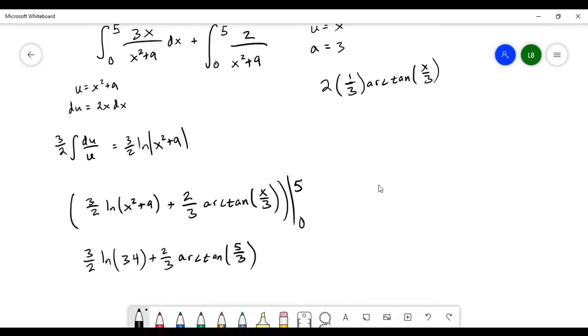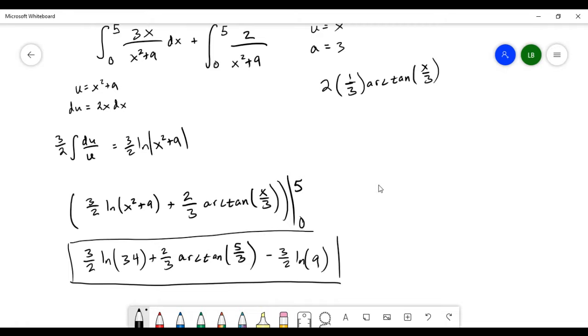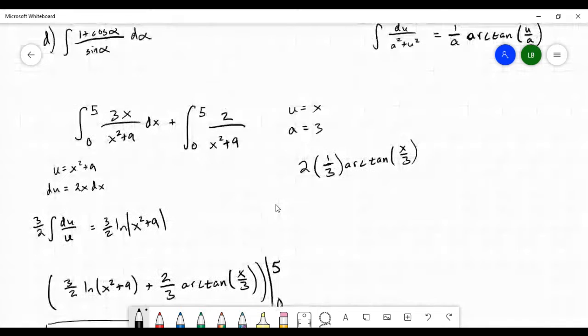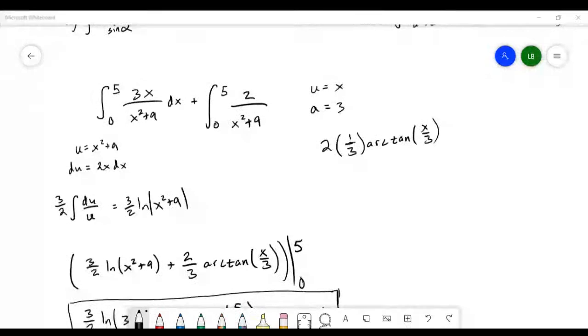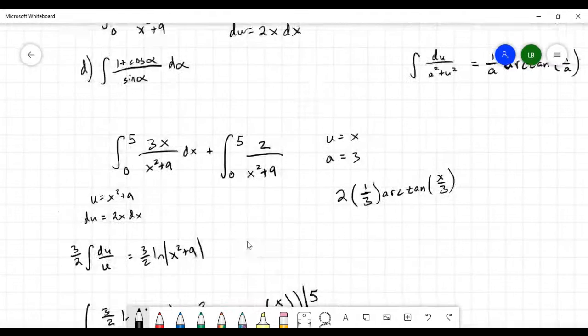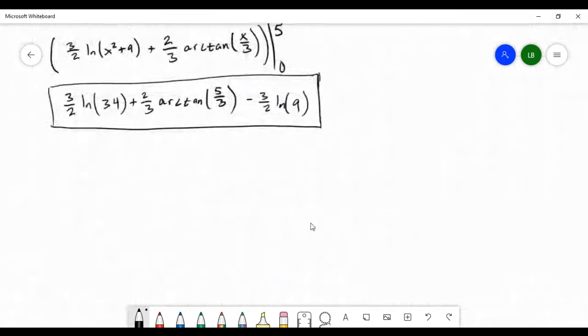And we would have minus 3 halves natural log 9 and plus 2/3 arctangent of 0, which is 0. So this would be our final answer. That makes sense? It was a bit long and complicated, but the main point here was to split up the integral around the numerator. Cool.